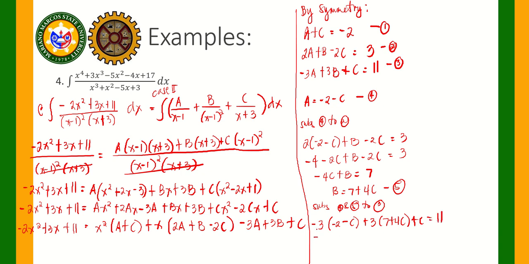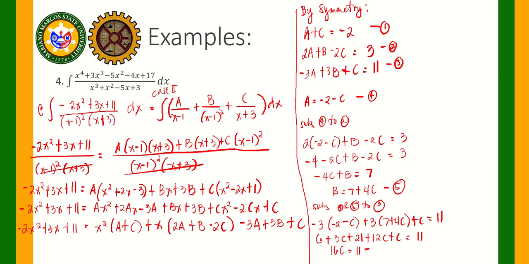So, if we simplify this one, that will be equal to positive 6 plus 3c plus 21. Okay, 3 times 7 is 21, plus 12c plus c equal to 11. So, 3c plus 12c plus c, that will be equal to 16c. So, 16c is equal to 11. And then 6 plus 21 is equal to 27.